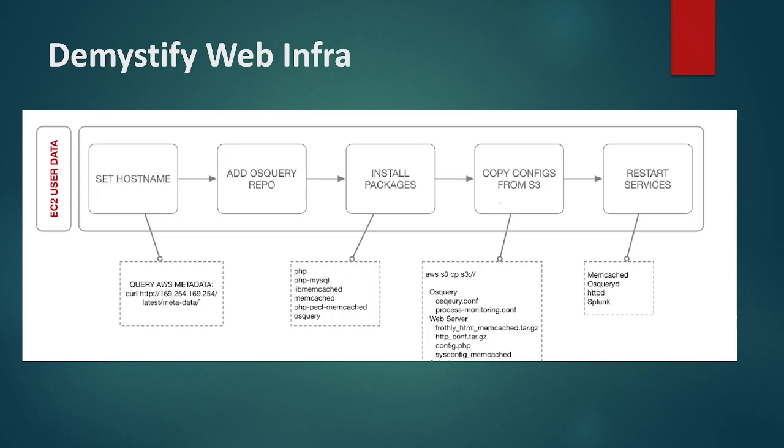You can also copy or download some of the config files which are stored in your S3 bucket. So this is what has really happened. Some of the packages are installed and some of the files have already been downloaded from the S3 bucket which has already been exposed, and therefore the EC2 which will be getting provisioned might be involved in some activities which might be suspicious or malicious, right?